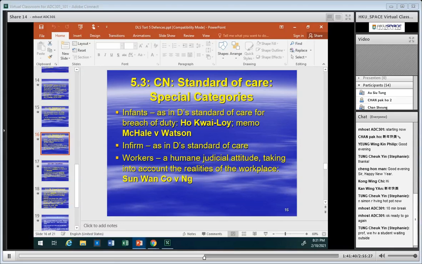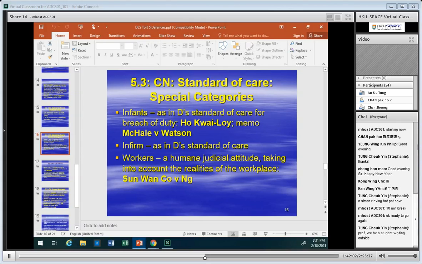So it does depend on the situation of who the plaintiff is in these particular instances, particularly with workers. The courts are always very sympathetic towards workers, a humane judicial attitude towards workers, particularly those working on construction sites in Hong Kong, and the courts will take into account the realities of the workplace.